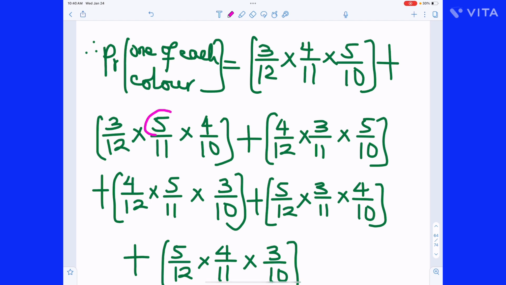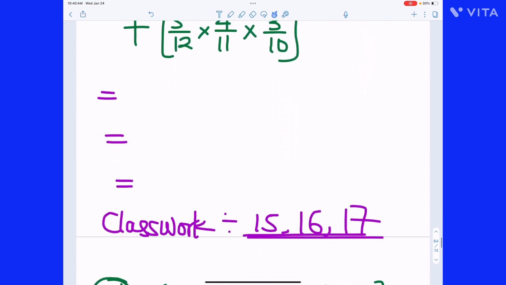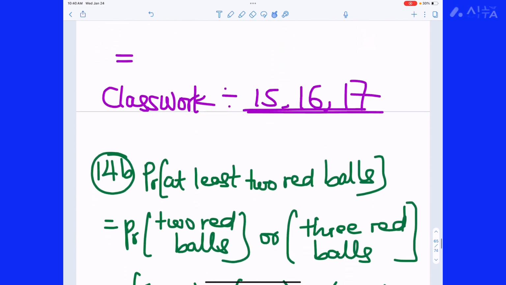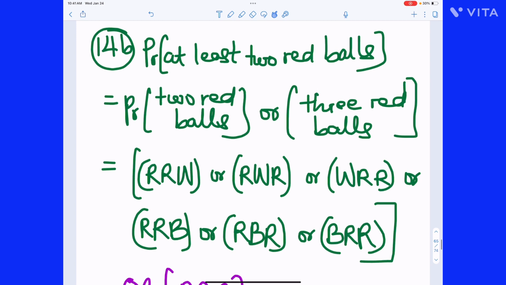Now, after picking these first 2, you have 10 balls left. The probability that the last one is a white will now be 4 over 10. So you repeat that for each bracket till you get to the end. You add the results of each bracket, then you get your answer.